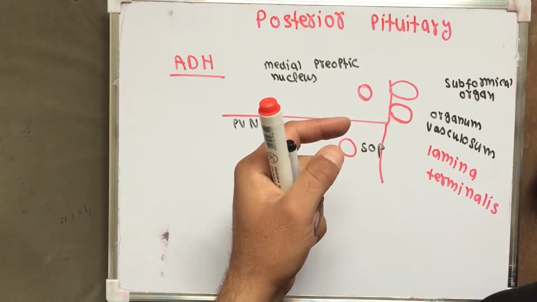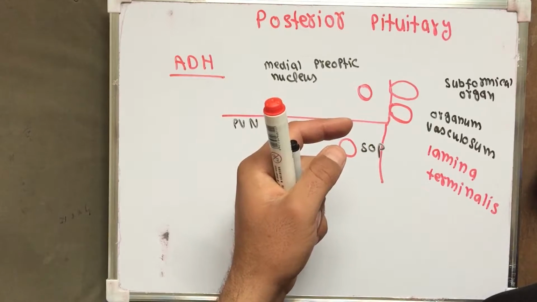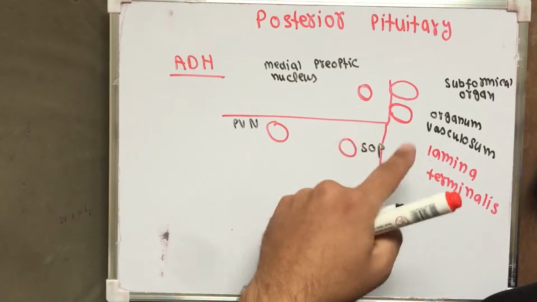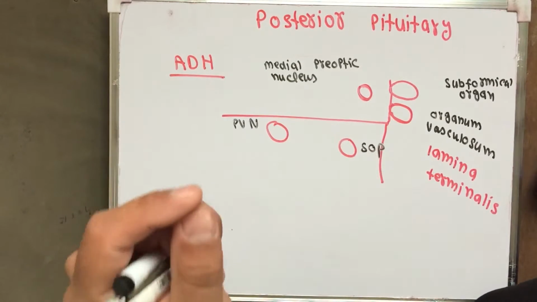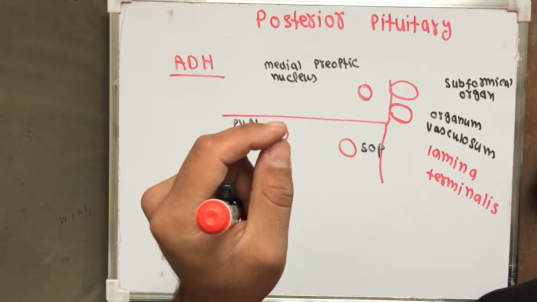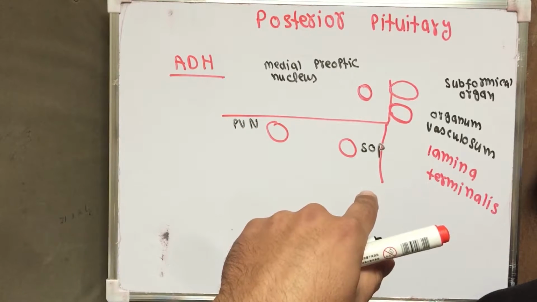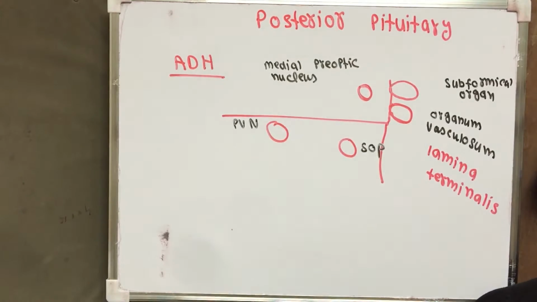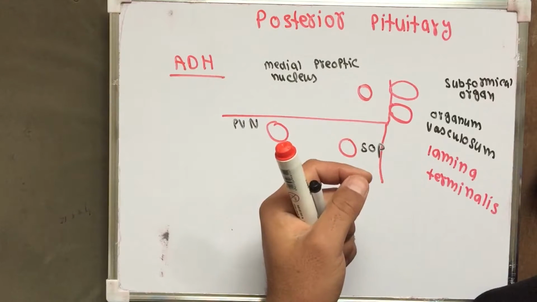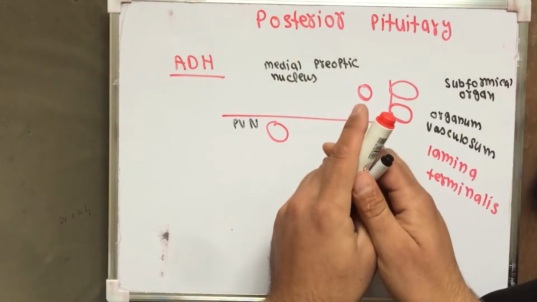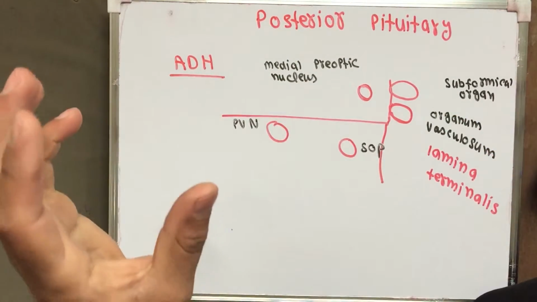These structures have cells which are also called osmoreceptors. Here we have cells which are called osmoreceptors.